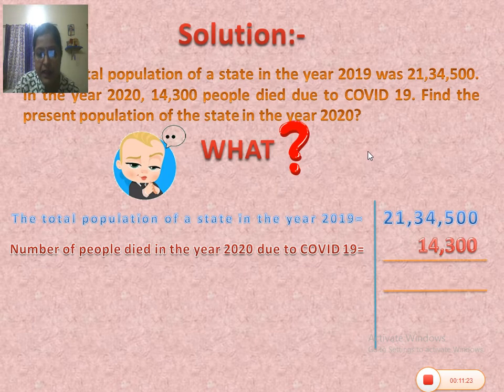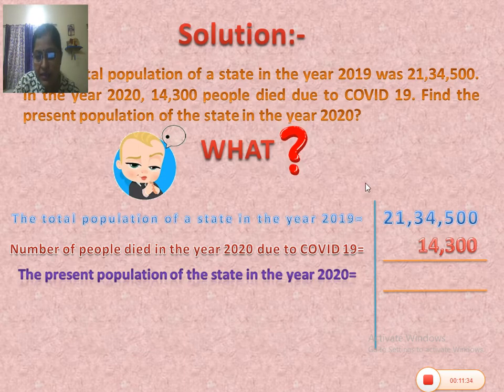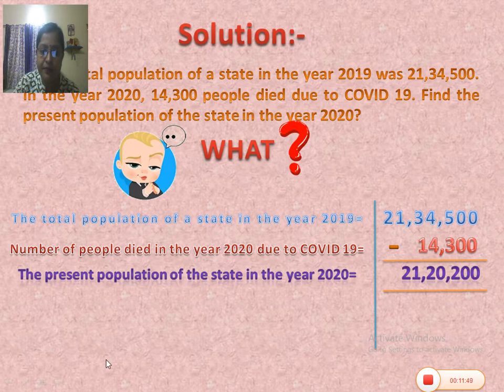So we have to start solving it, and we'll write our statement as per our question, the present population of the state in the year 2020. Since the number has decreased, our action will be subtraction, and we'll solve it. We'll get the answer 21,20,200. Is that clear, children?